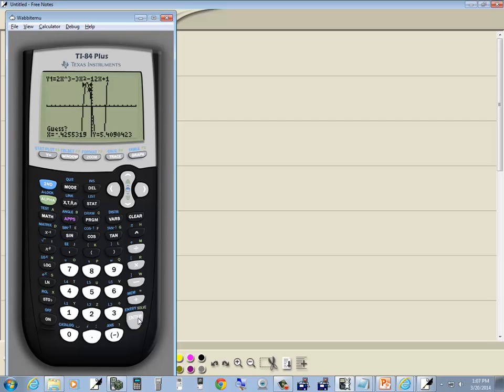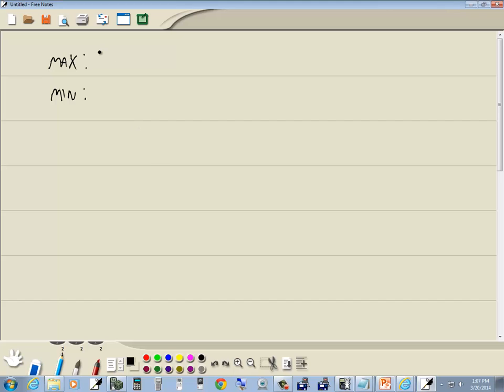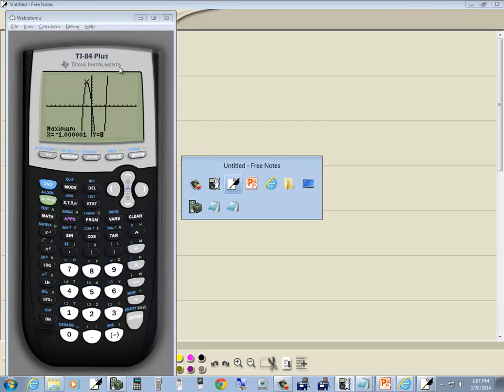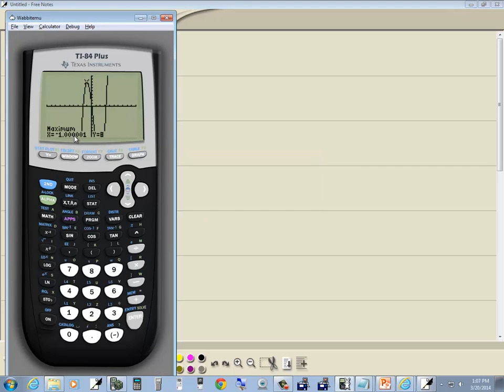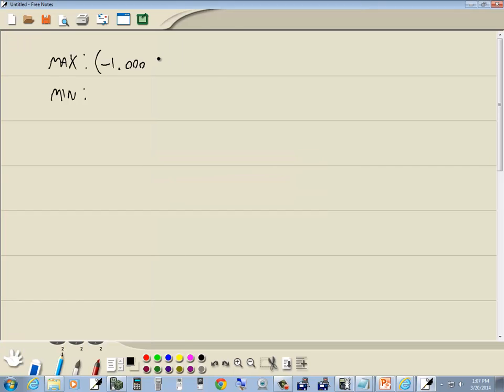Now, if you've done a good job with the left bound and right bound and haven't gone too far away from the max, then you should just be able to press enter on guess. Okay, and we get for our max negative 1.0012345, oops, comma 8.